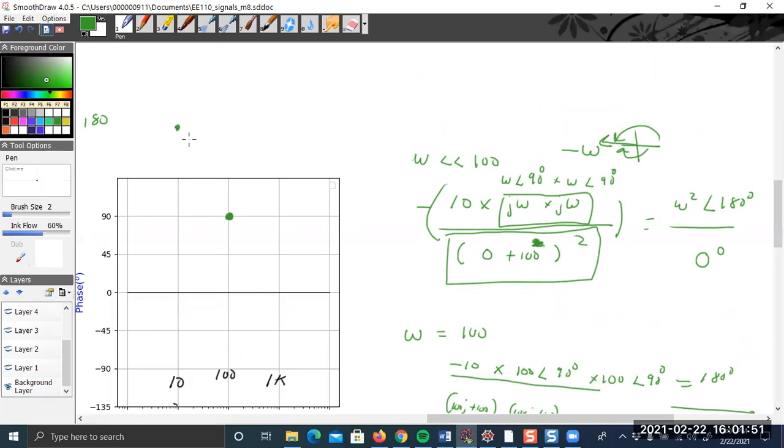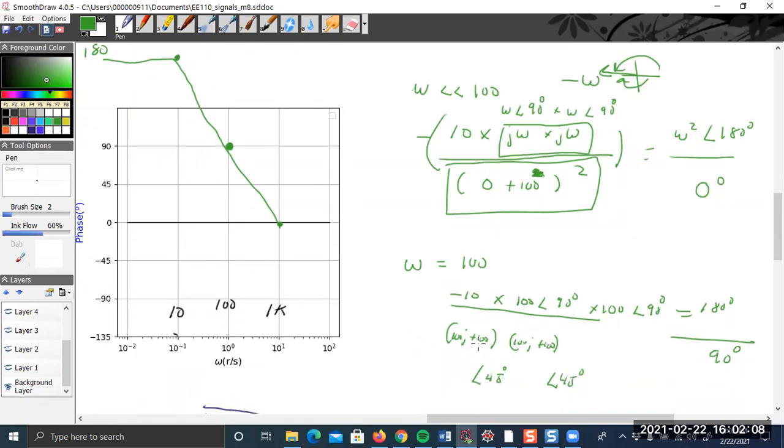And it doesn't change until 1/10 of 100, right? And it doesn't flatten out until 10 times 100. Now, why is the phase 0?